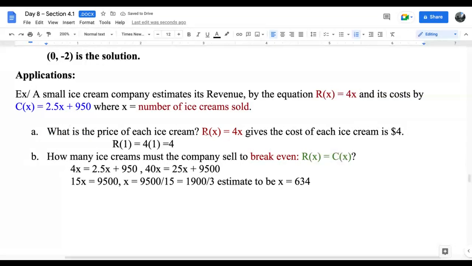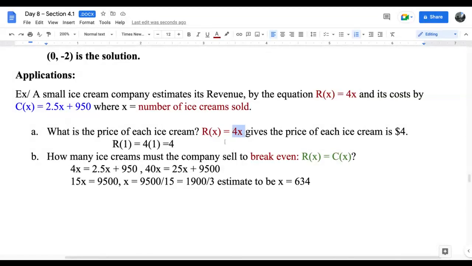Well, of each ice cream, the R of x equals 4x gives the price of each ice cream is $4. Because this is the revenue function, how much money they could make. They sell each ice cream for $4, so it totally depends on how many they sold.